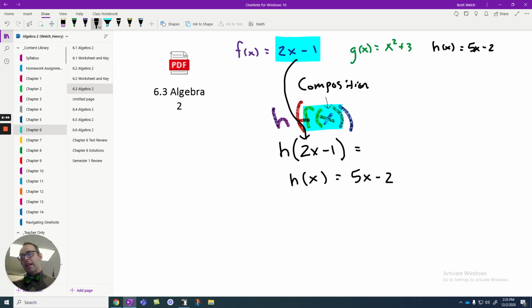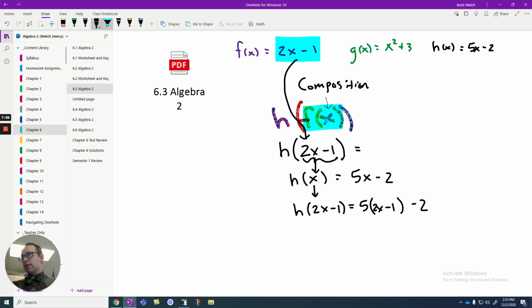The only way I'm going to get h of 2x minus 1 is for this entire thing to replace the x. So h of 2x minus 1 would equal 5, and instead of putting that x there, I have to have it match this 2x minus 1. And of course we have our minus 2.